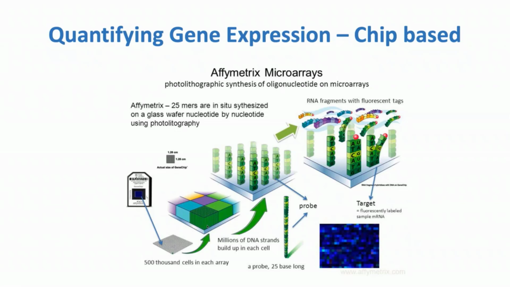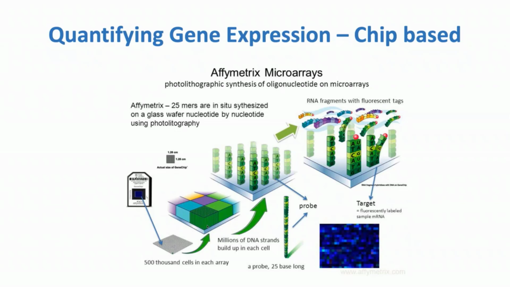It depends. In some platforms, this one might have 500,000 cells, and each cell has one type of probe in it. Now you can wash RNA that you extracted from tissue over this chip, and it will attach to the matching probes.